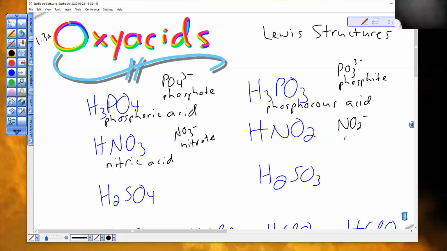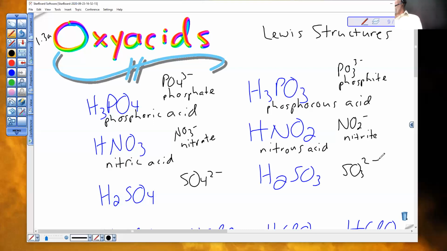Nitrite ion, when you put a proton on it, is nitrous acid. And sulfate ion and sulfite ion have the same charge, but the one with one more O is the ate.